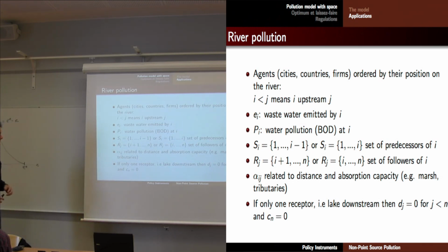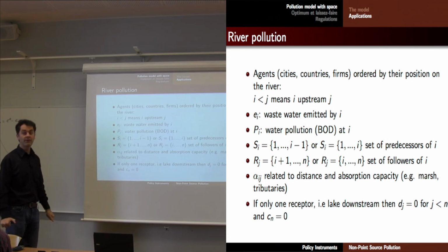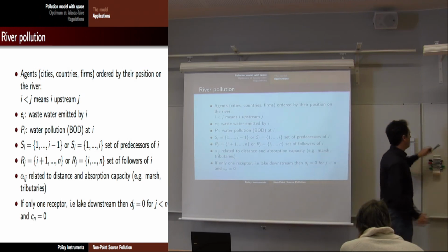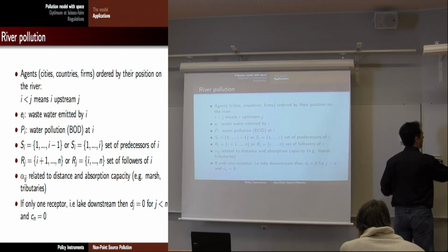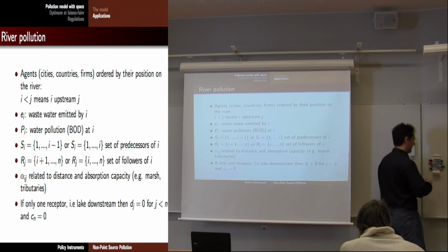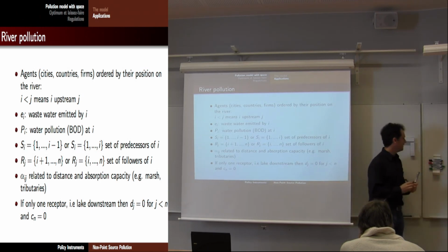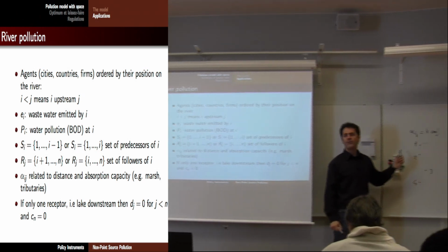So here's an example, and for each example we will have some specific assumption about transfer coefficients. Consider a river like this, and people are located along the river, and you can order or label agents along the river from upstream to downstream.